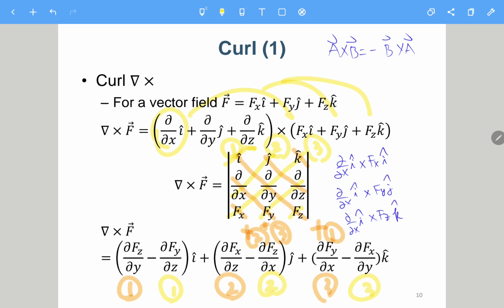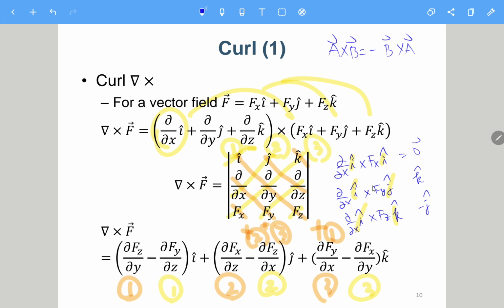So i hat cross i hat is 0, i cross j becomes k, and i cross k becomes negative j hat. So you can see partial x fy k hat with a positive sign, and here partial x fz with a negative sign times j hat.